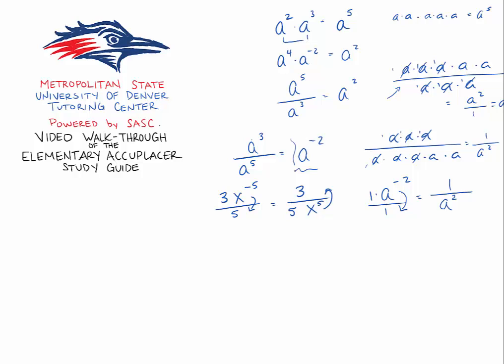Typically how you're going to see it, especially in these videos, is like this, and you're going to change that into 1 over a squared. But if there were coefficients in front of it, the coefficients would just be the same. It's just that the coefficient for the a to the negative 2 here is just 1, so times 1 divided by 1. So that's what that all looks like.